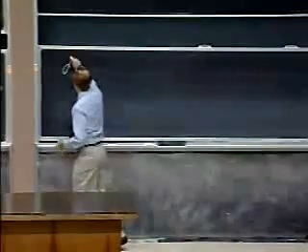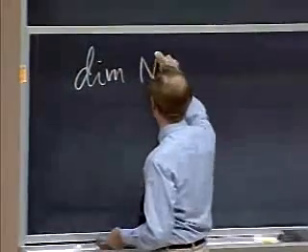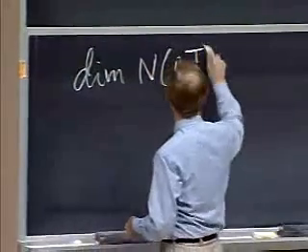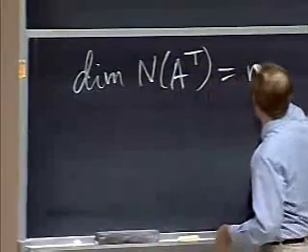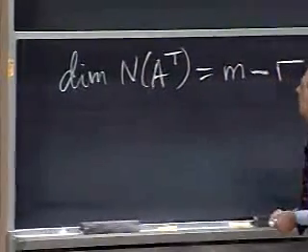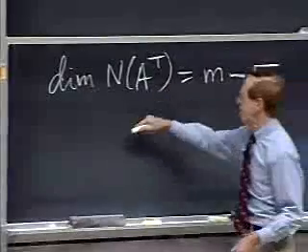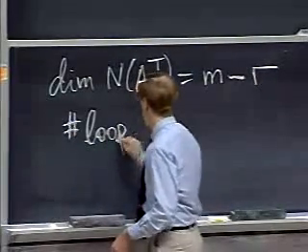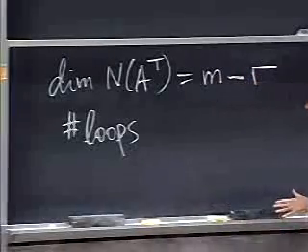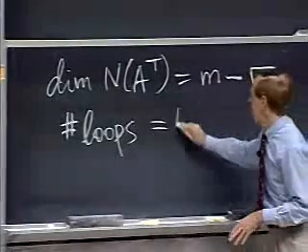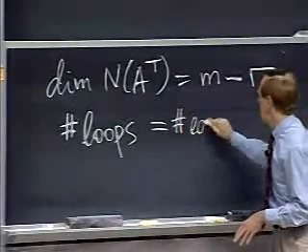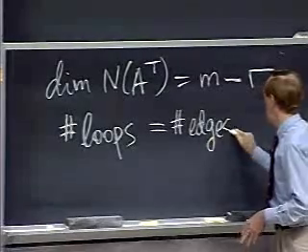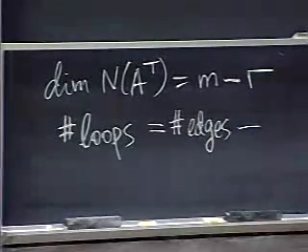The dimension of the null space of A transpose is M minus R. Okay. This is the number of independent loops. M is the number of edges. And what is R?